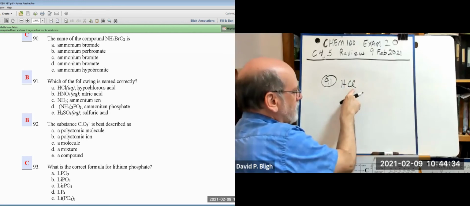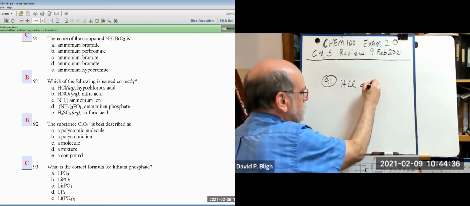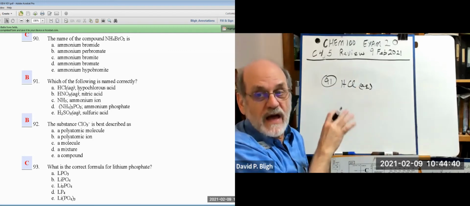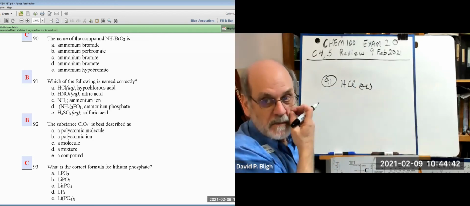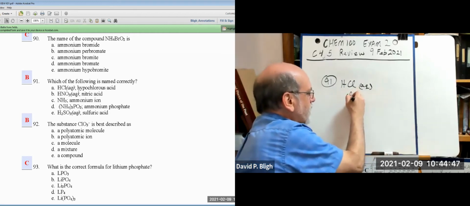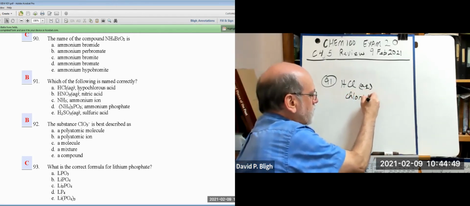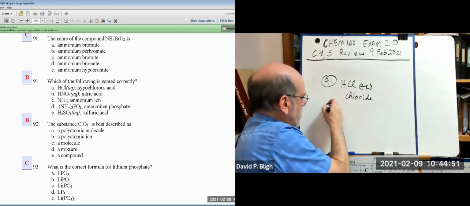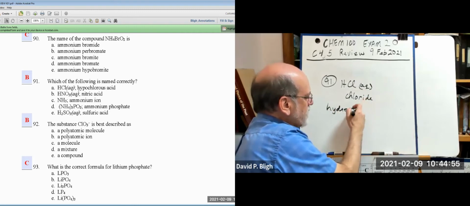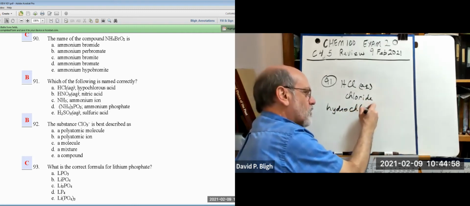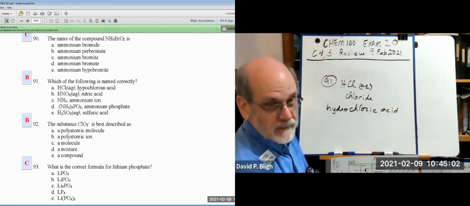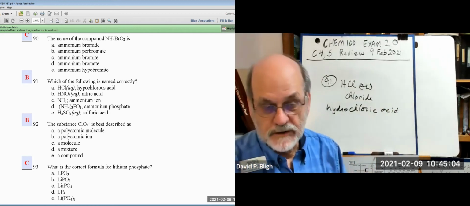If it's an aqueous solution, this is chloride. It would be hydrogen chloride if it were not dissolved in water. So this is the chloride ion. And now it's hydro, and ides become ic. Hydrochloric acid.